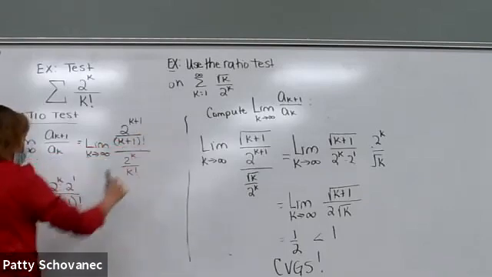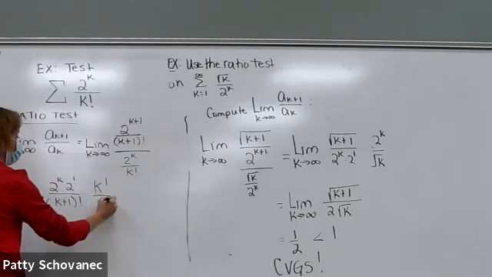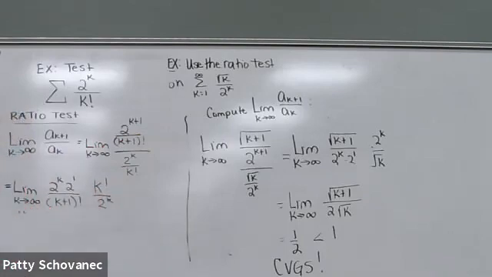Flip and multiply, put a k factorial up here and a 2 to the k there. But before I cancel, I can cancel the 2 to the k's. Here's k factorial. What does k plus 1 factorial look like?